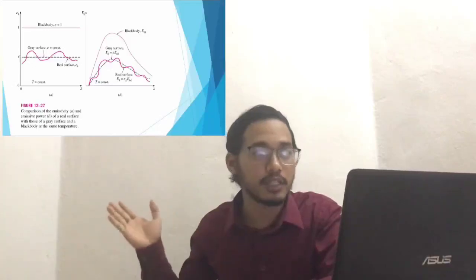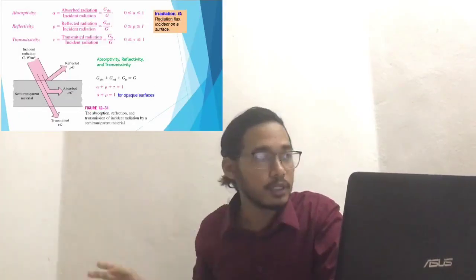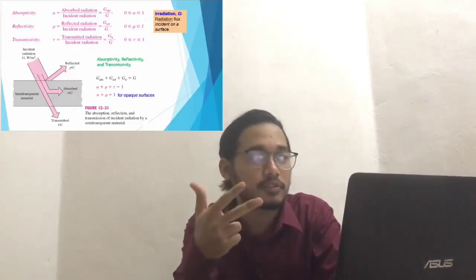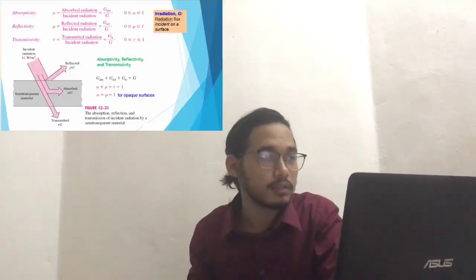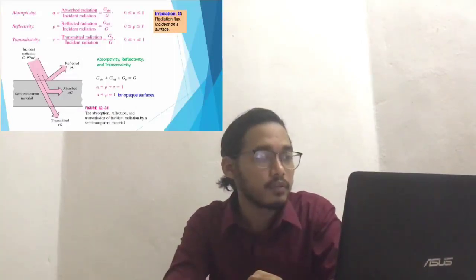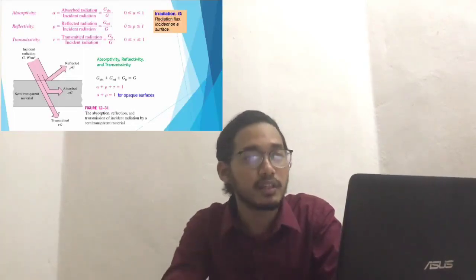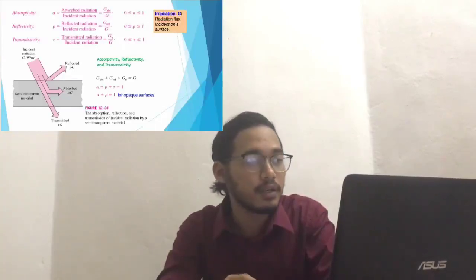Next, on the next slide, we move into three different formulas, which are absorptivity, reflectivity, and transmissivity, given by the specific formulas on the slides. The symbol G we call the irradiation, which is the radiation flux incident on the surface.